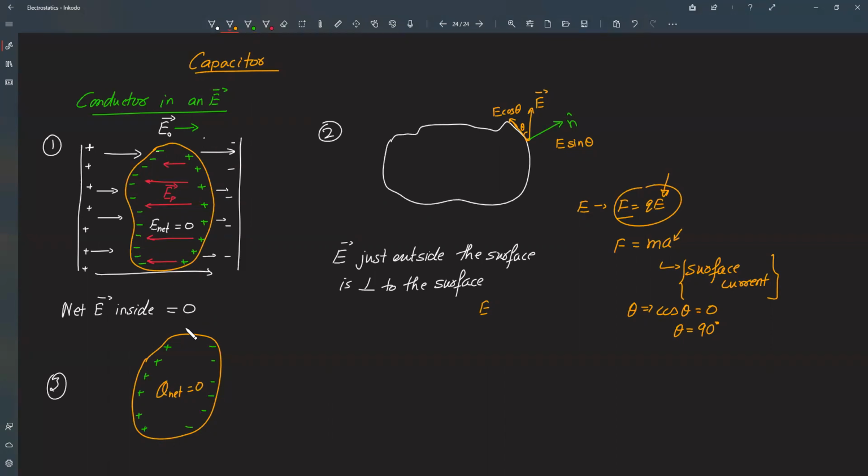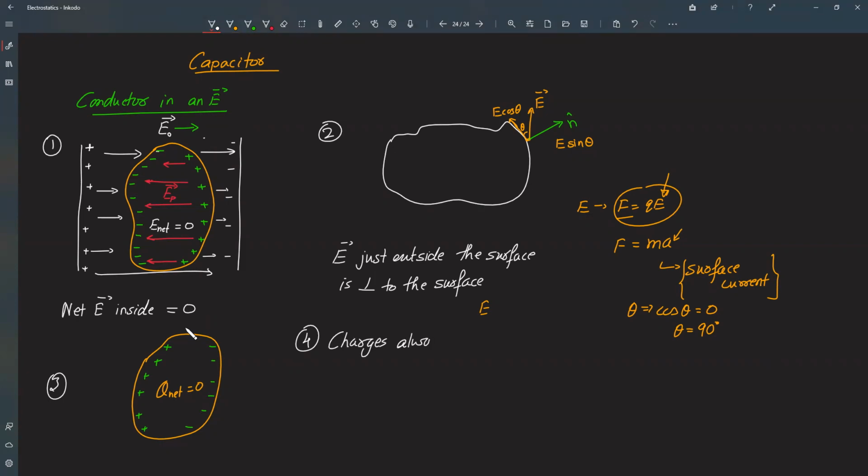So net electric field inside a conductor, whether it is hollow or not, is 0. That is a different thing. Net charge inside is 0. That is a different thing. Okay, so that was the third behavior or third property, you can say. And that means what? Charges are always on the surface.